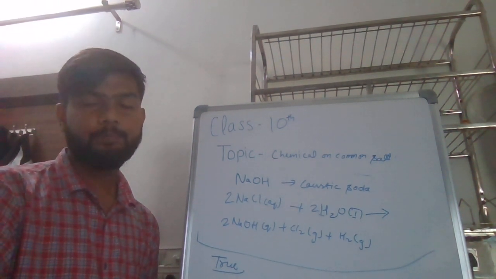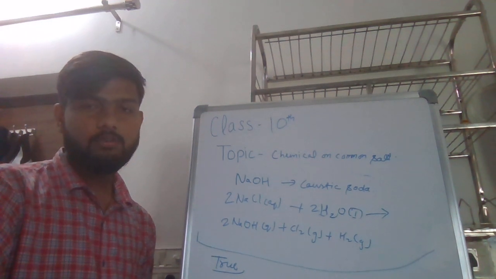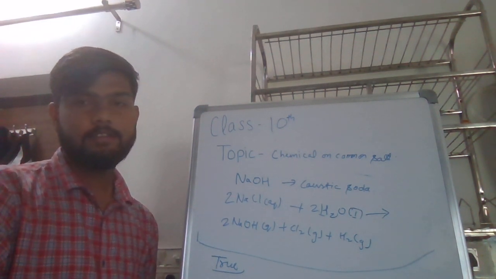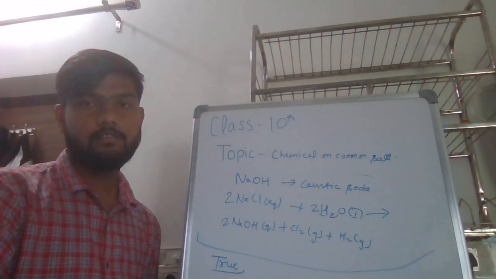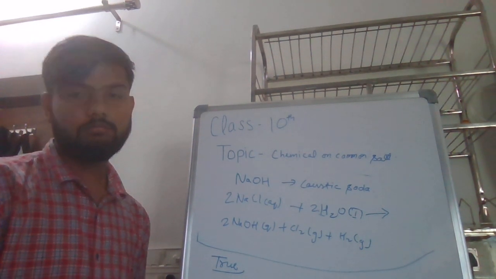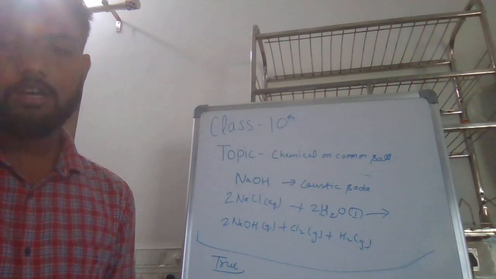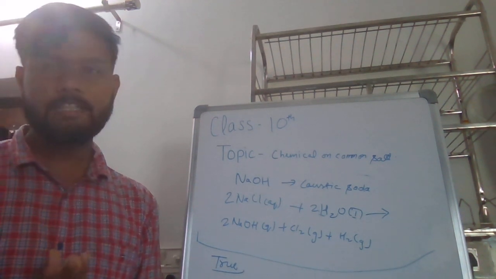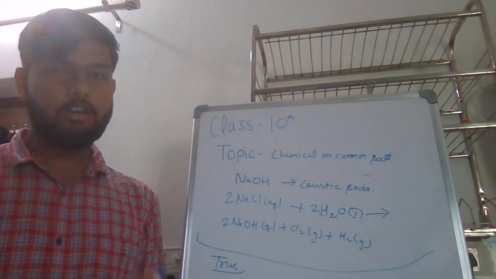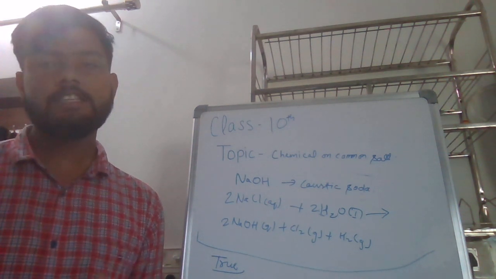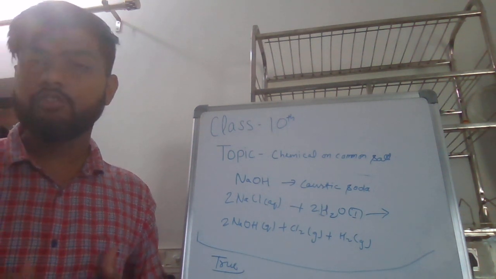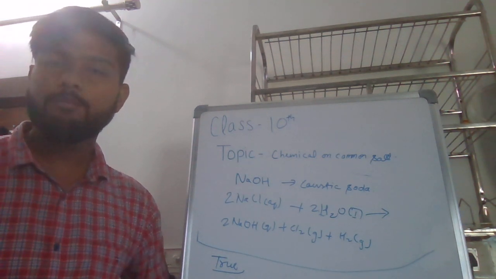So students, please define the preparation of bleaching powder. Here we know that chlorine is produced during the electrolysis of aqueous sodium chloride. This chlorine gas is used for the manufacture of bleaching powder.